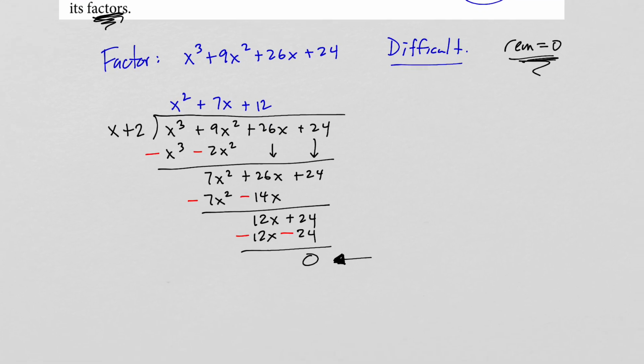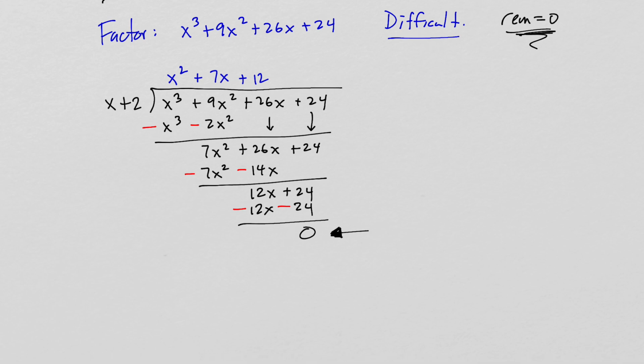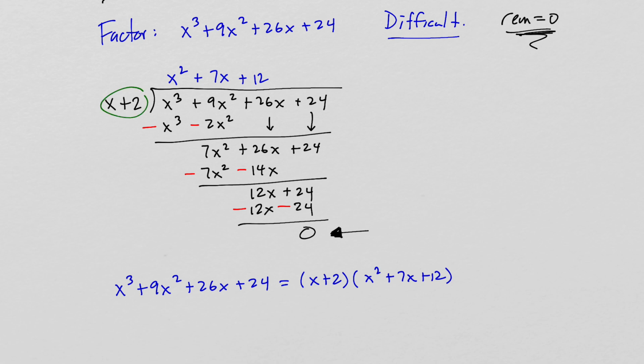But what does this mean exactly? Well, it means the original polynomial here is equal to x plus 2 multiplied by x squared plus 7x plus 12, right? Because we know that this times this must be equal to this when our remainder is 0.